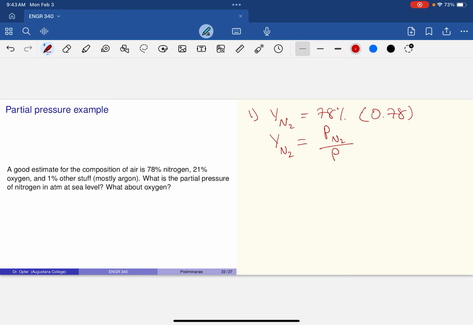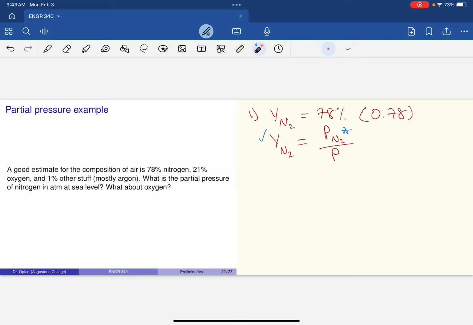Okay, so we're given y, we're solving for P of N2, and so the only unknown, in air quotes, is this total pressure.